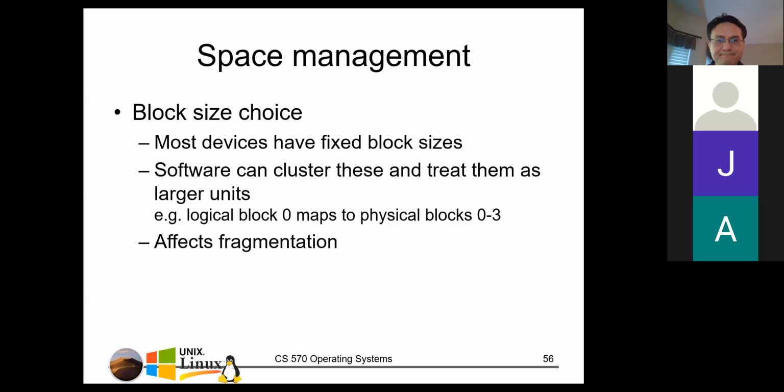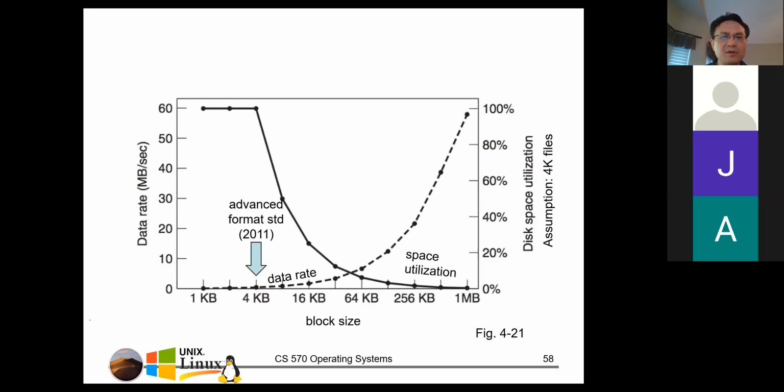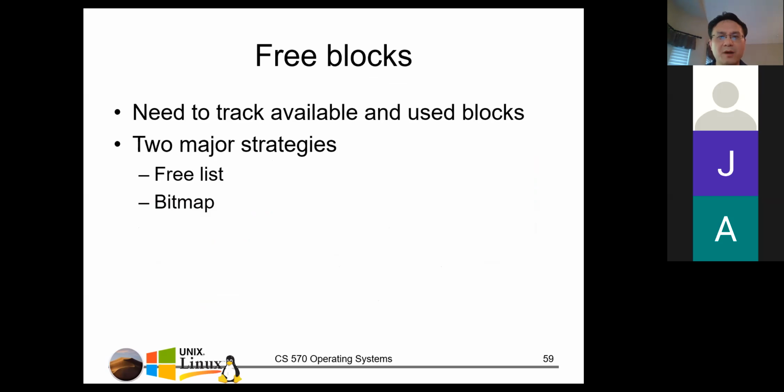All right, so let's first talk about free blocks management, okay? That's also one of the most important aspects of file system management. So tracking free blocks on the disk is very much similar to the techniques used for tracking memory blocks in memory management.